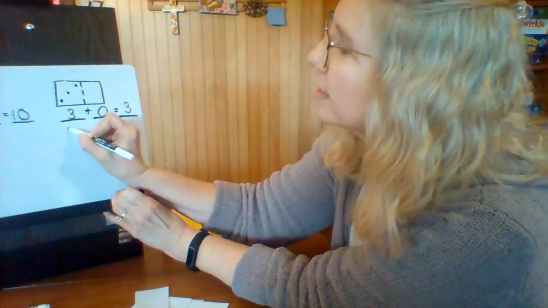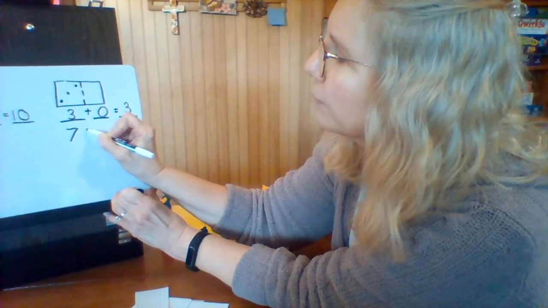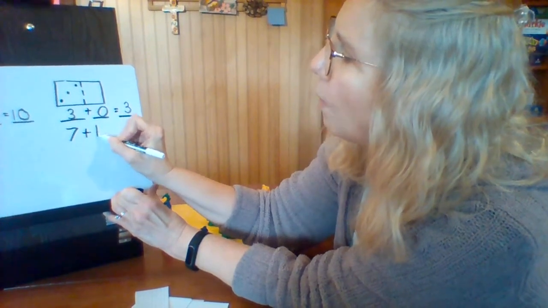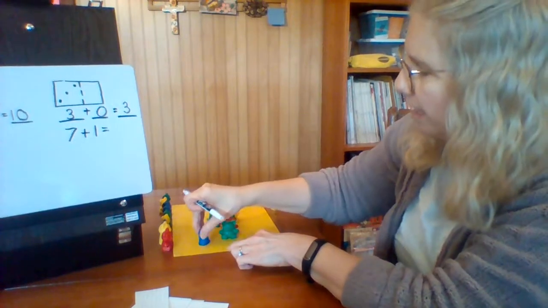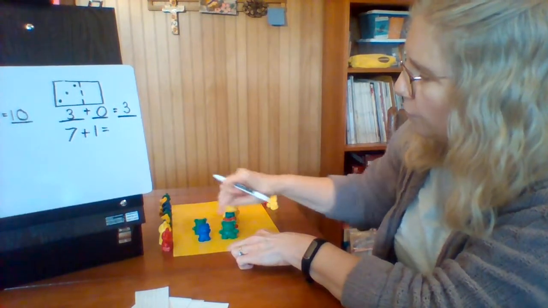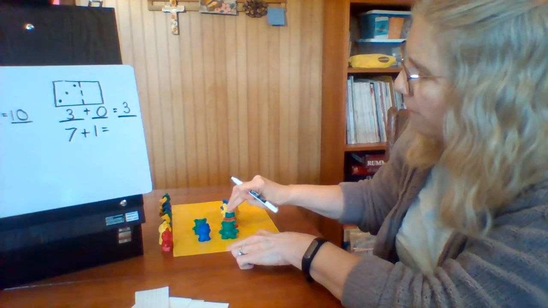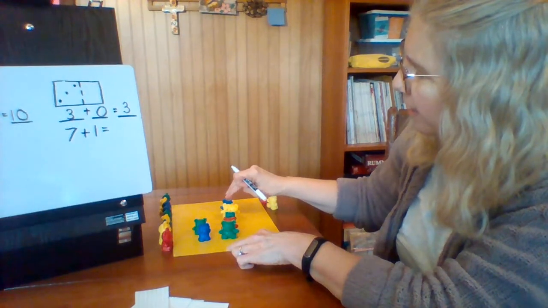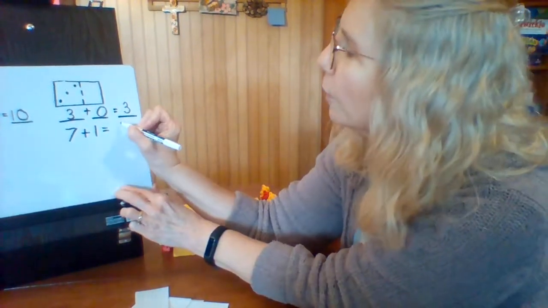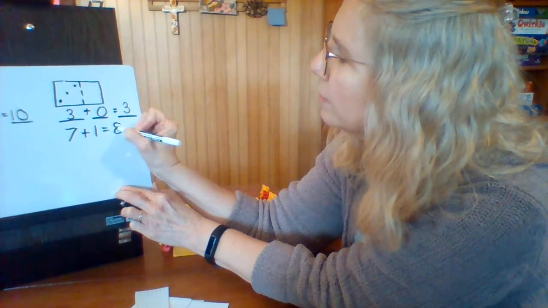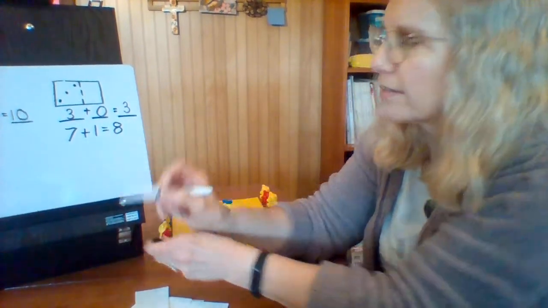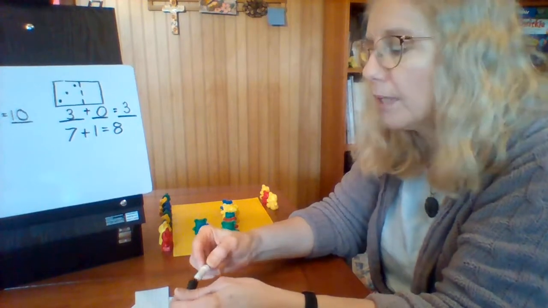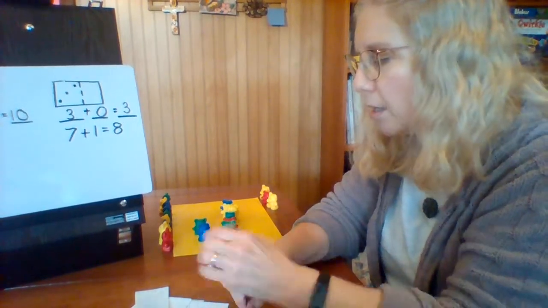I can do 7, because there's 7 at first, plus 1 equals, and now let's count and see how many I have in here. 1, 2, 3, 4, 5, 6, 7, 8. So say that whole number sentence with me. 7 plus 1 equals 8. Perfect.